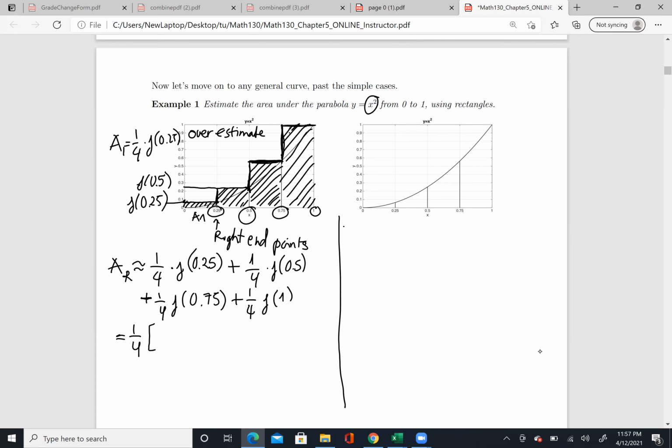The area is in between 0.2188 and 0.4688. So we're going to say the true area is greater than 0.2188 and less than 0.4688, okay?